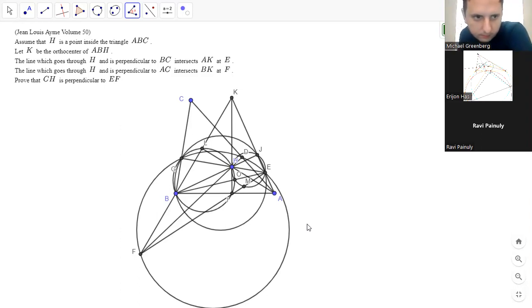GDEF. And we show GH. Yeah, that looks like it might be a good way to do it.